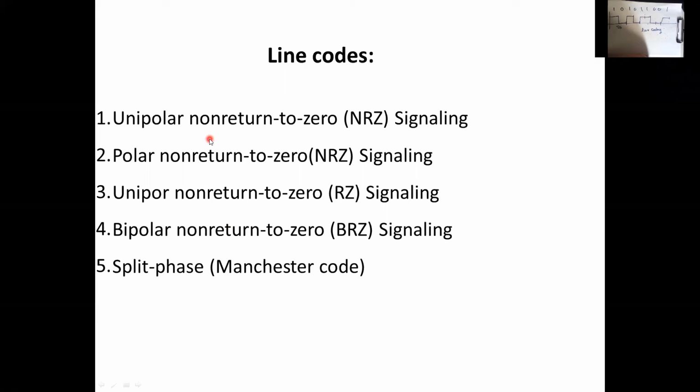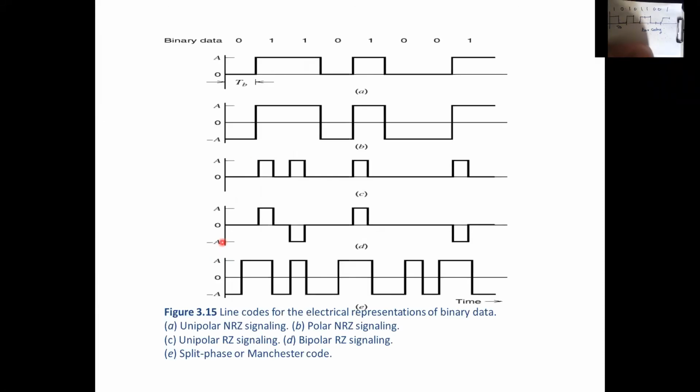We have the unipolar non-return to zero, the polar non-return to zero, and the bipolar non-return to zero. We are going to discuss this representation step by step. So again, the easiest one, which is the first one, is the unipolar non-return to zero signaling or line coding.